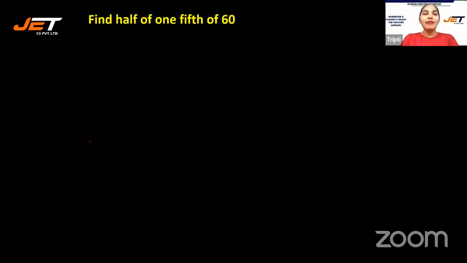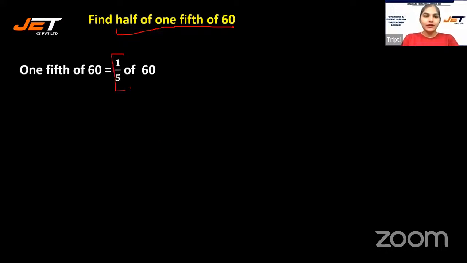Next one. We have to find the half of 1/5 of 60. Let's see how to do it. This is 1/5 of 60. That's how we write 1/5 of 60. What is 1/5 of 60? 1 times 60 is 60, in the denominator 5.